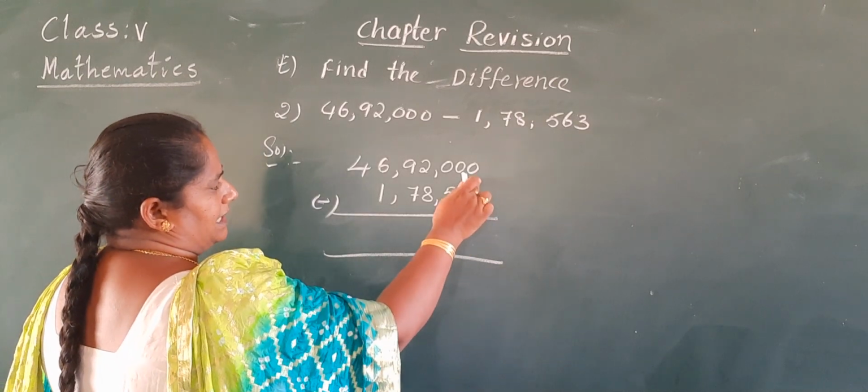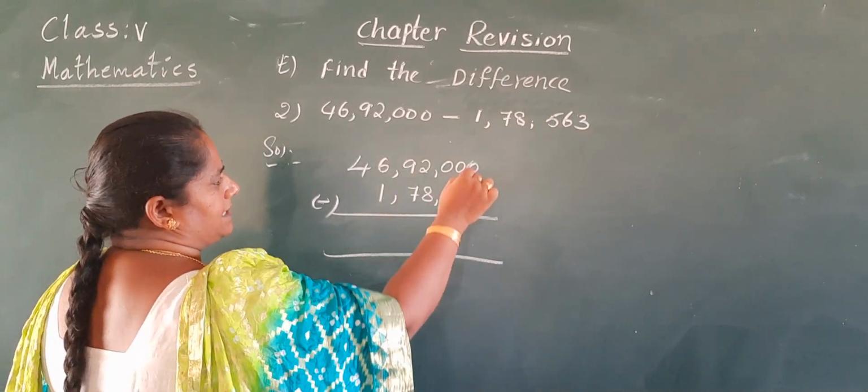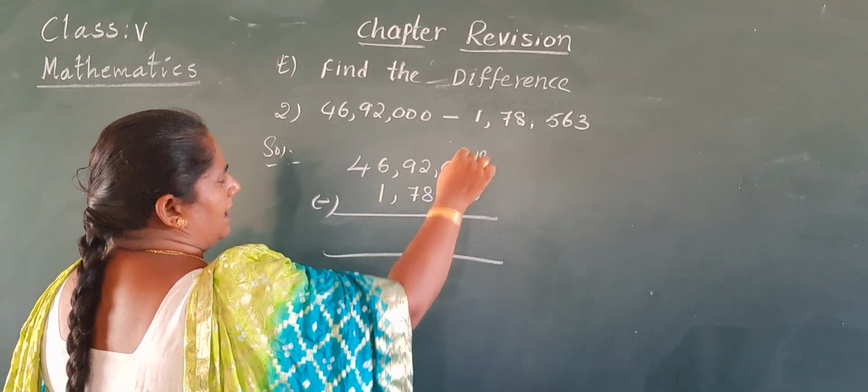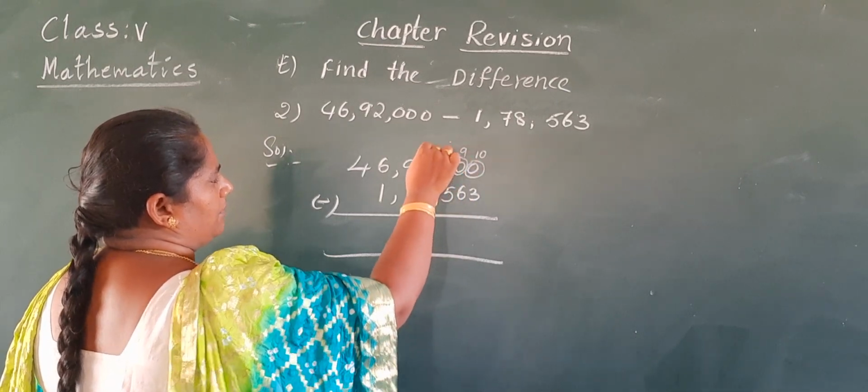So 3 is greater than 0, so take borrow from this place. 10, 9, 9 become 1.